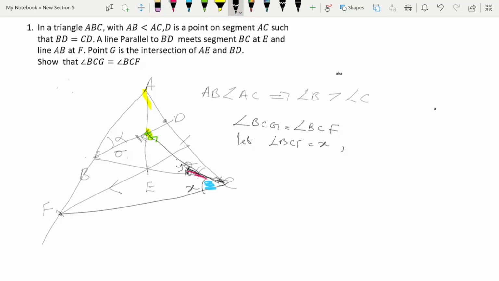Let BCF be x, and let BCG be y. We want to prove that x is equal to y.